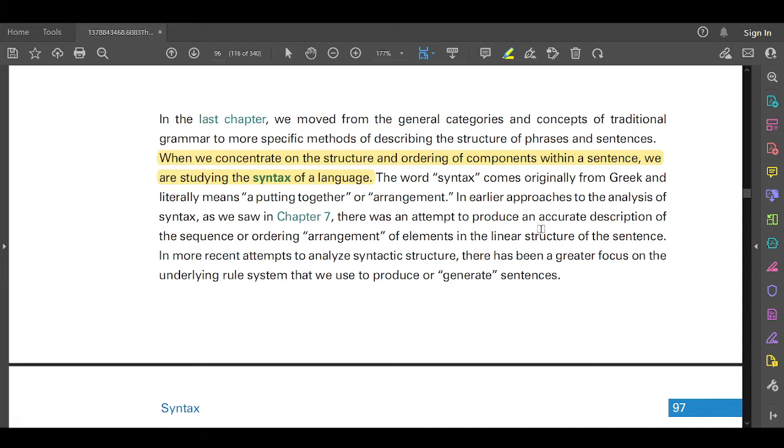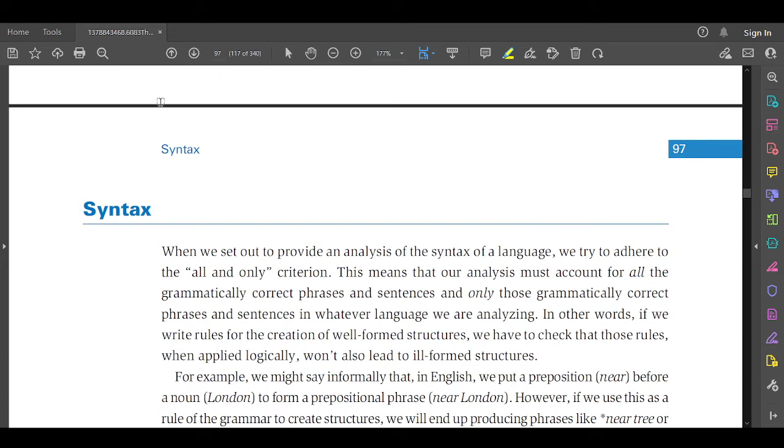It is a description of sequence and ordering that produces the structure of a sentence. In more recent attempts to analyze syntactic structure, there has been greater focus on the underlying system. So in syntax we study the ordering or structuring of components within the sentence, just the order of words within the sentence.